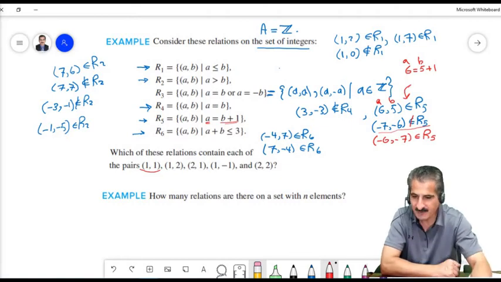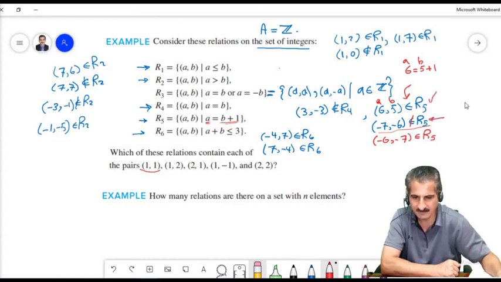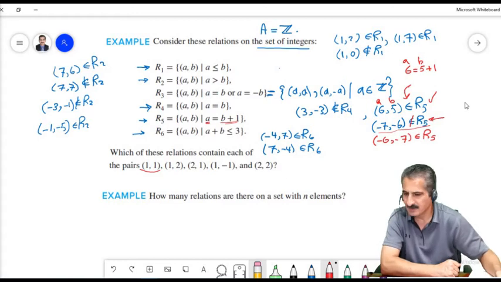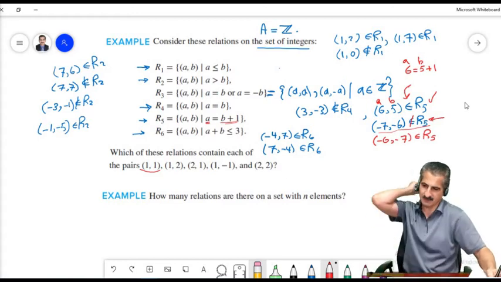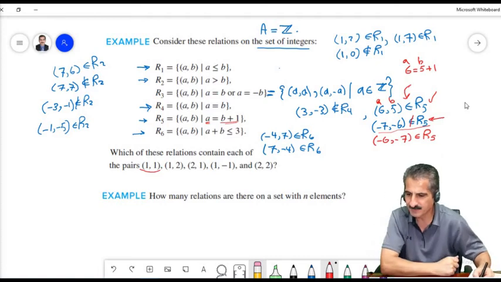We will see it later. So are we doing fine so far? Okay, we had one problem here and we fixed it. Now what about the ordered pair (1, 1)? Does it belong to R1?